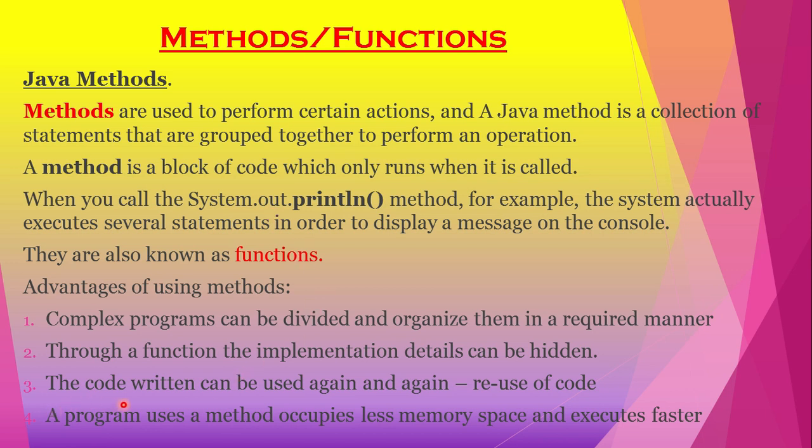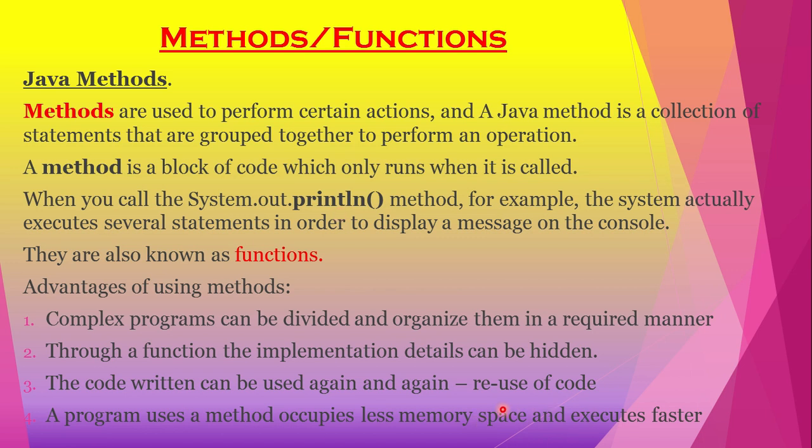Third point, the code written can be used again and again. In the program, System.out.println, you are using many times. The developers of Java created this method and you are using it many times in your program, like Math.sqrt. Any number you give, you can call that function for the required number, maybe 2 times, maybe 10 times, whatever you need.